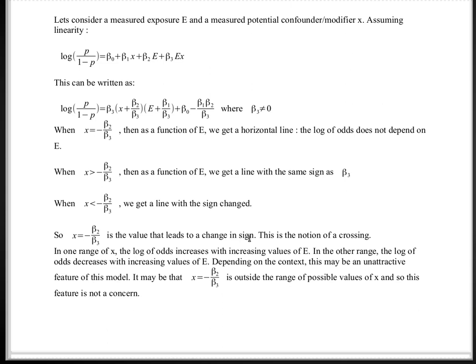The sign change. This is the crossing, going from either negative to positive or positive to negative. Okay? And it turns out then in one range of x, the log of odds increases with increasing values of exposure, but in the other range, the log of odds of disease decreases with increasing values of exposure.